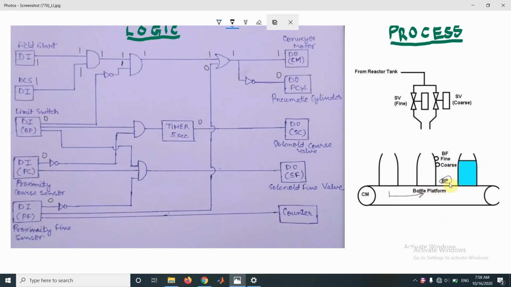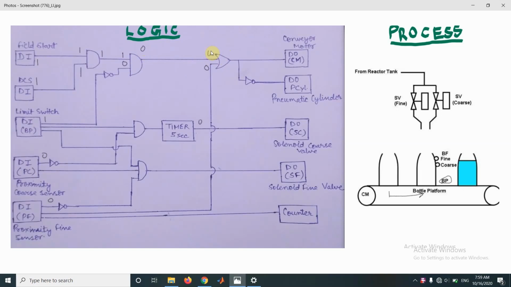Now when limit switch BP senses this, the input from the limit switch would be 1. Due to this NOT gate, this input would be 0, and the AND gate becomes logically off.